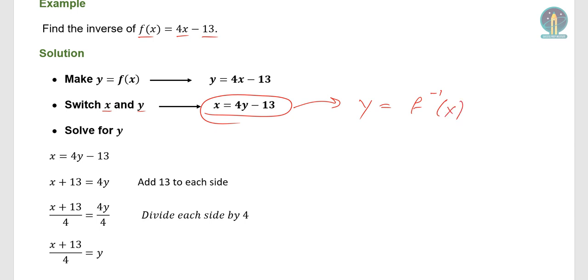So here, y is f of x, but here, y is equal to the inverse of f of x. Solve for y.